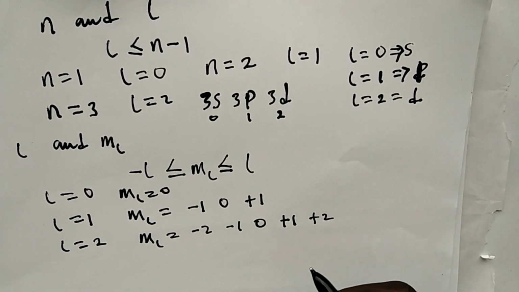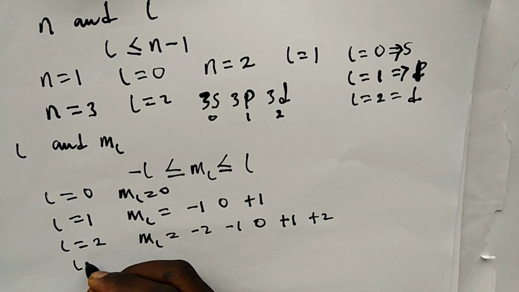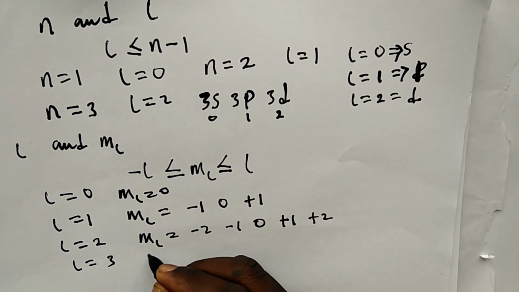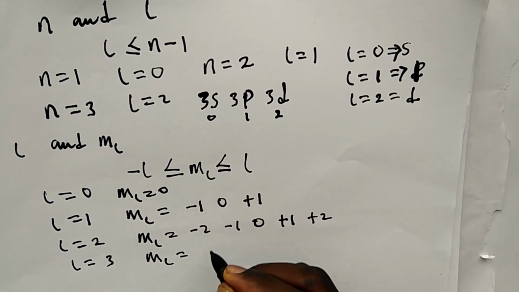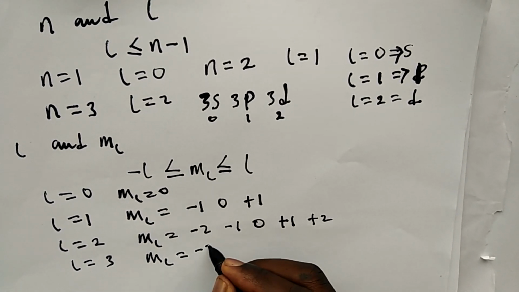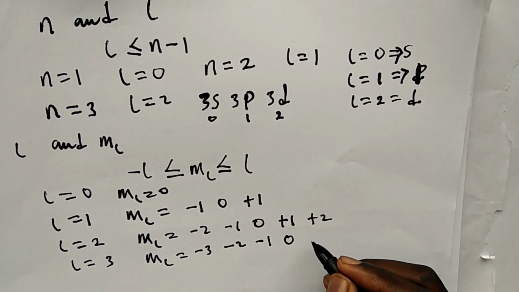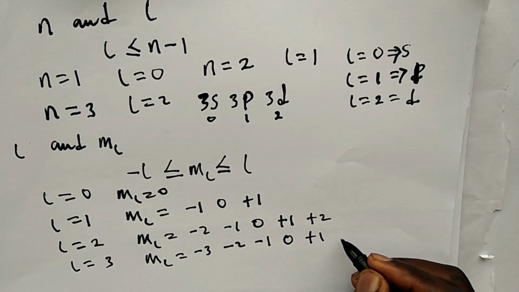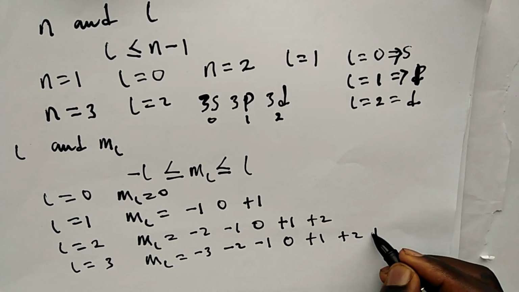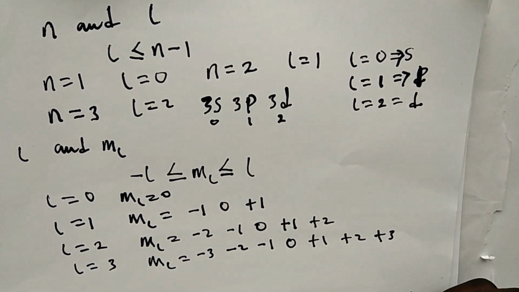So, when L is equals to 3, ML is equals to minus 3, minus 2, minus 1, 0, plus 1, plus 2, plus 3. So this is the relationship between ML and L.